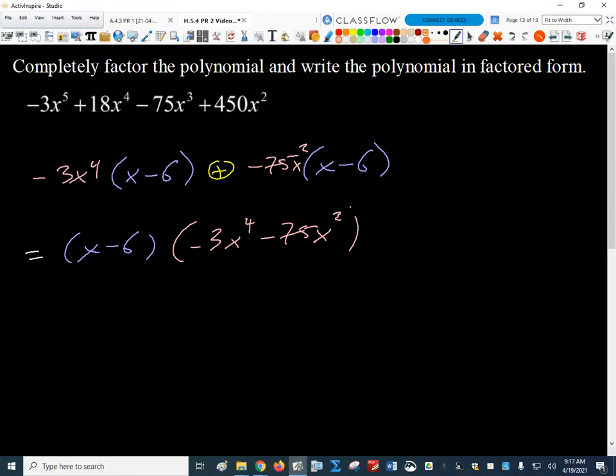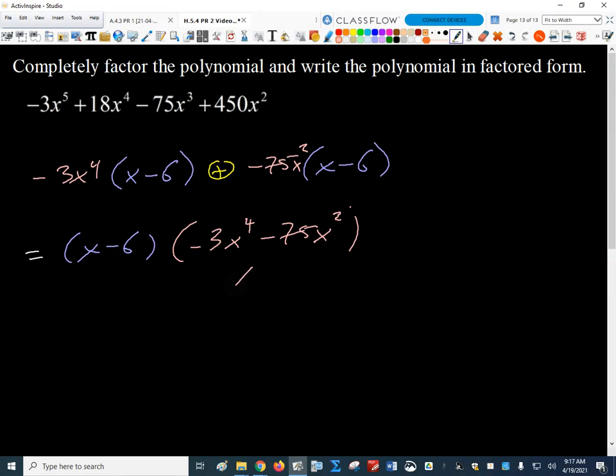The point I want to make here is we can do this at any time. So we've got this x minus 6 that's done. This is a linear factor. What about this other factor? What can I do with that red factor there? Greatest common factor. Yeah, what is the greatest common factor of the red binomial? -3x squared. Right?